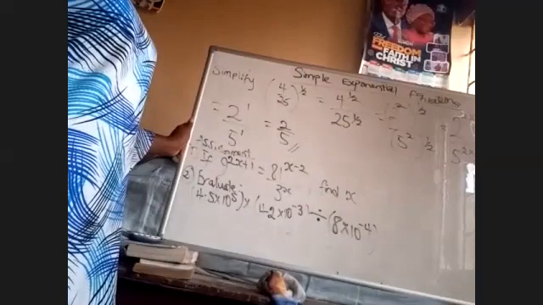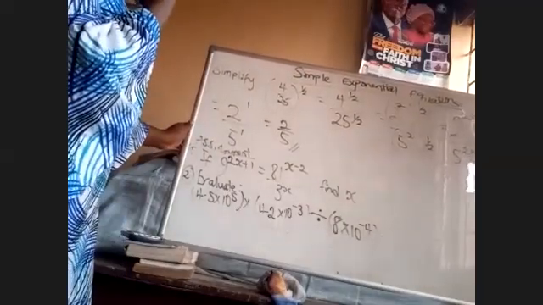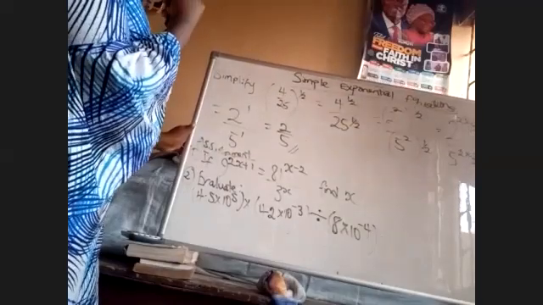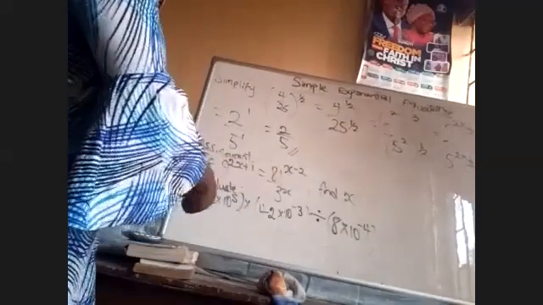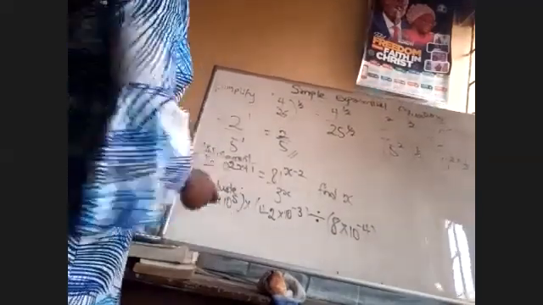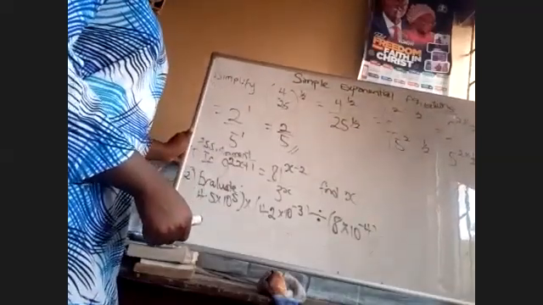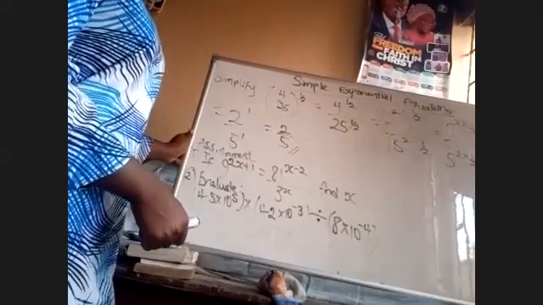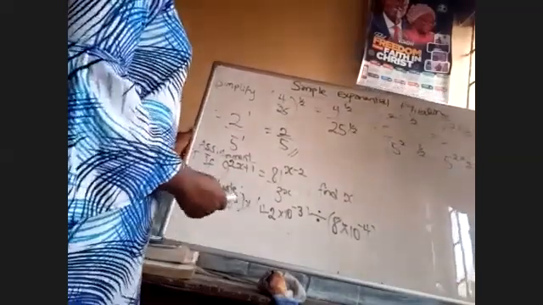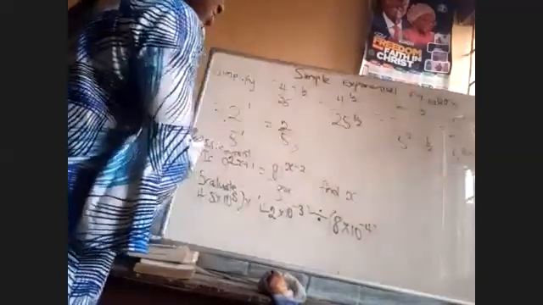Please, ma, is that the 3 raised to power x minus 2? Where? Is it in the assignment? Hello? This is 3 raised to power x, if this is what you are talking about.